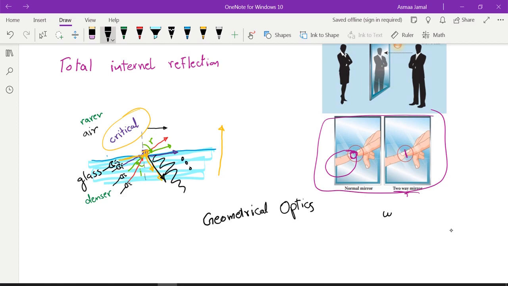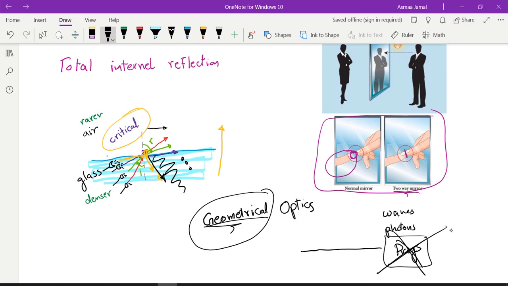Light again is waves and photons. They are not rays. But here in geometrical optics, we consider them as rays, which means a singular regular line, just to calculate in an easier way with more accurate results. So light is not rays, but geometrical optics considers it as rays to be easier in formulation.